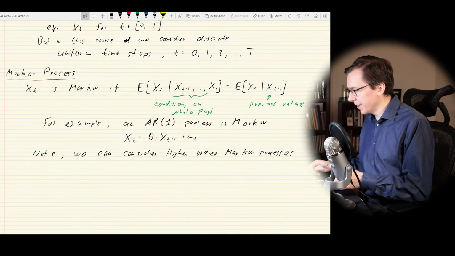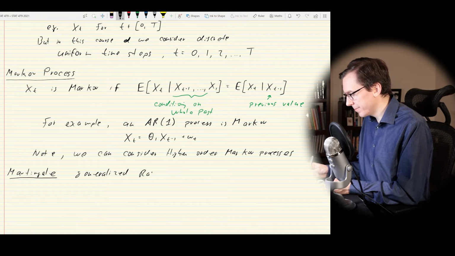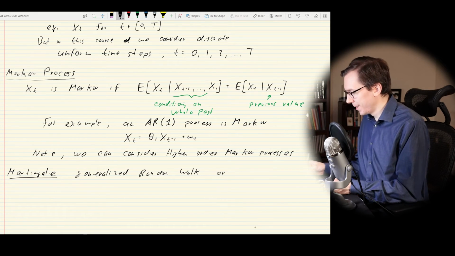I also want to briefly mention the idea of a martingale. The martingale, in some sense, is referred to as a kind of generalized random walk. Or sometimes you'll hear people refer to it as a fair game in a gambling sense.